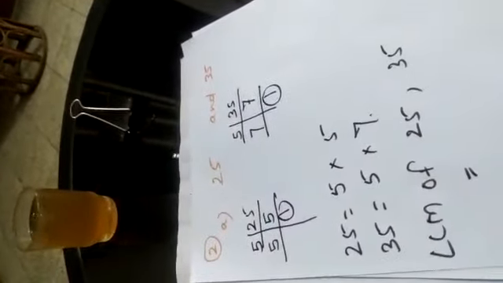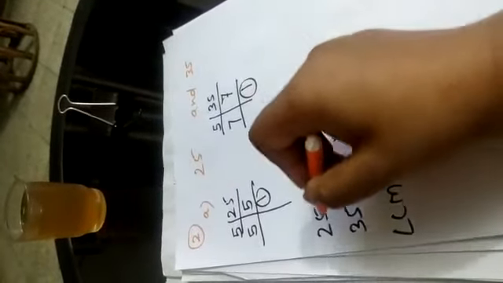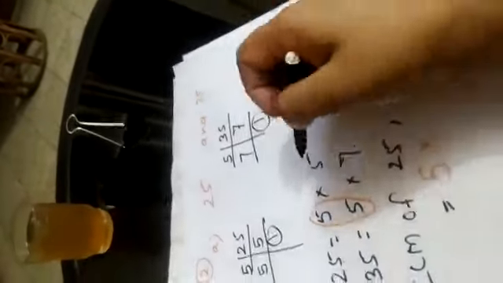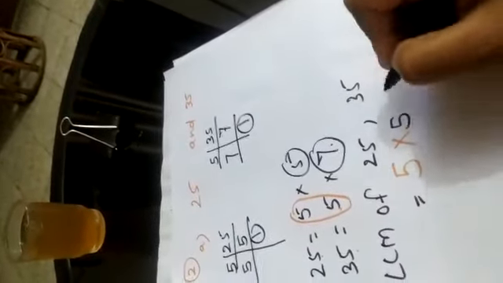Let's first find out which factors are common. This 5 appears in both 25 and 35, so we will take out a single 5. Now come to the other factors. 5 is in 25 and 7 is in 35. They also have to be included along with this common factor 5.